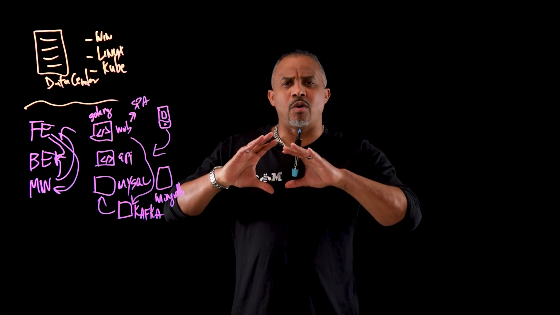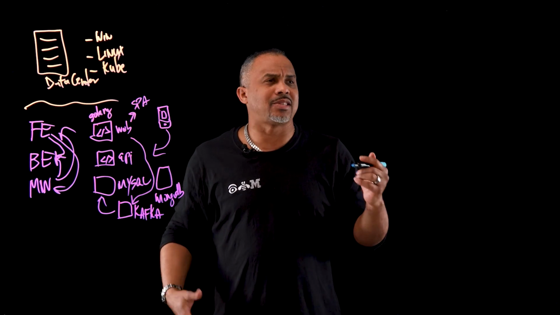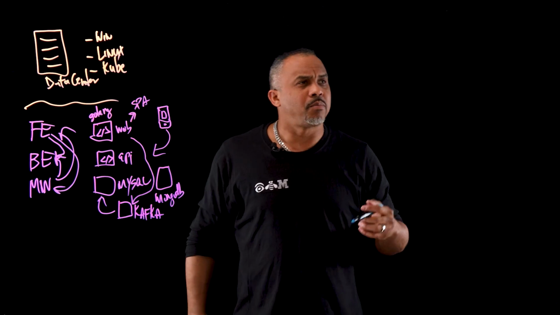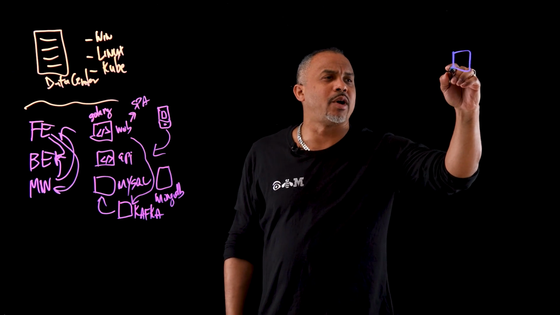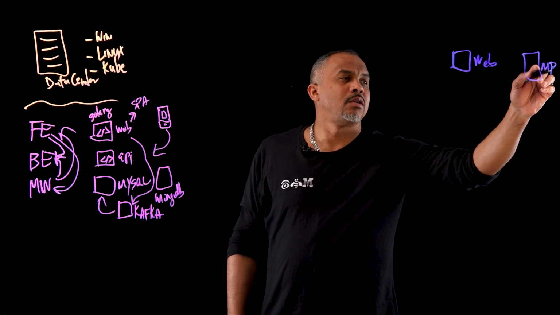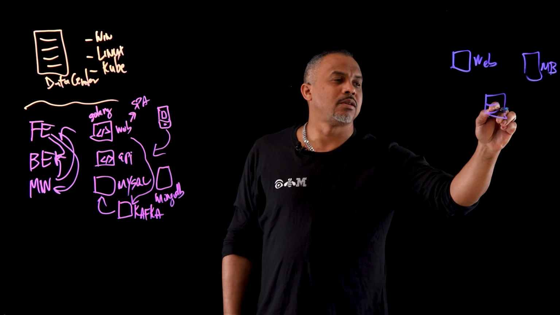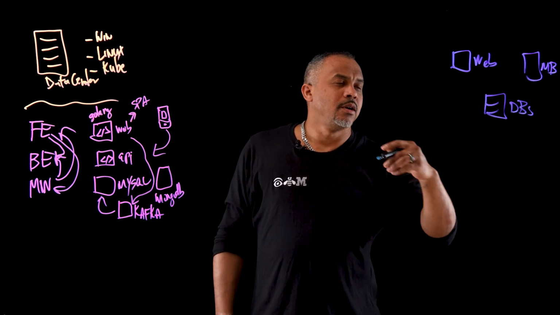But let's say I want to do the same project, I may step back and say, let me analyze this a little more. For that same project, I may say, I know I'm going to have web. I know I want to do mobile. I know I want to have databases. Okay.